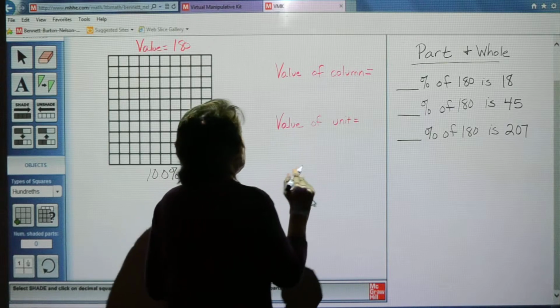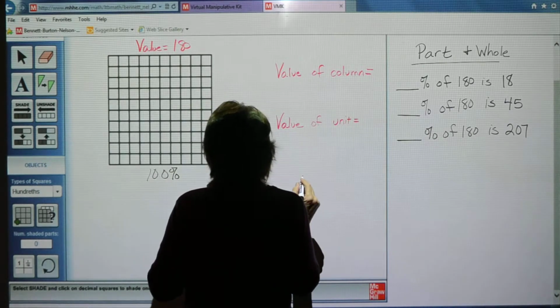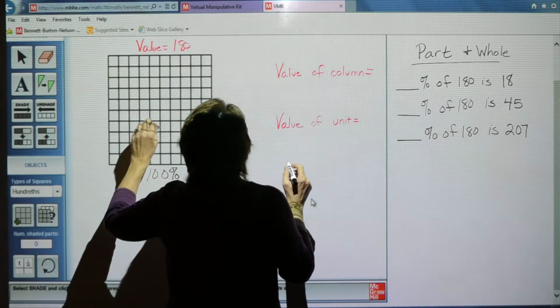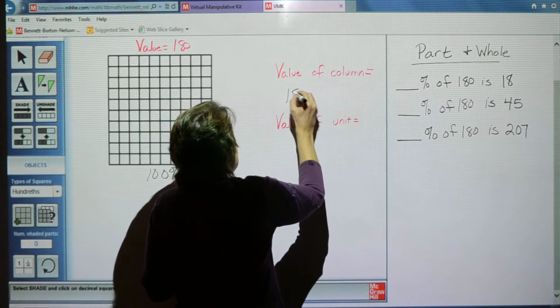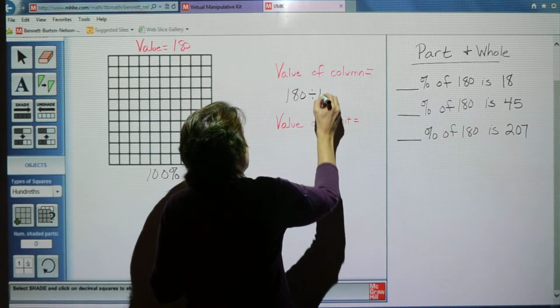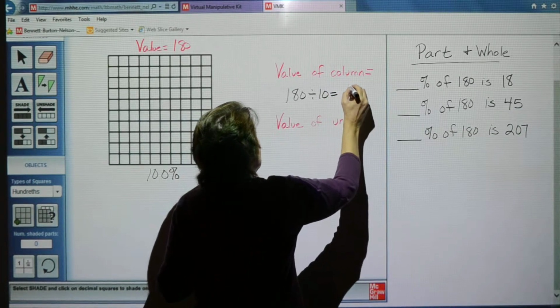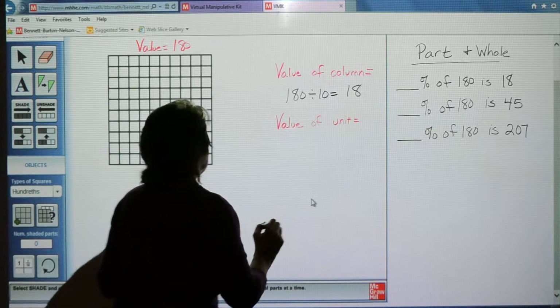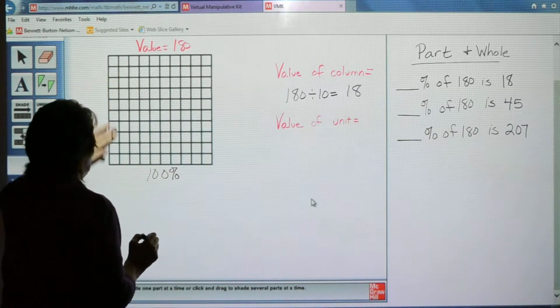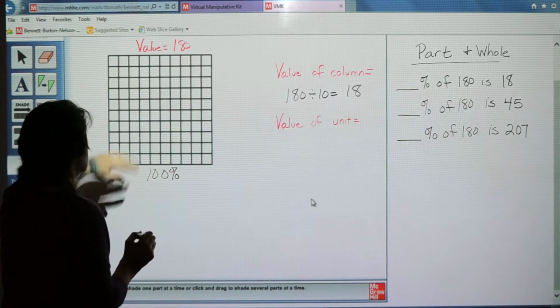We need to figure out the value of a column. Okay? If the whole thing's worth 180 and there's 10 columns, the value of a column is 180 divided by 10, or 18. So this entire column is worth 18, and so is this one, and so on.